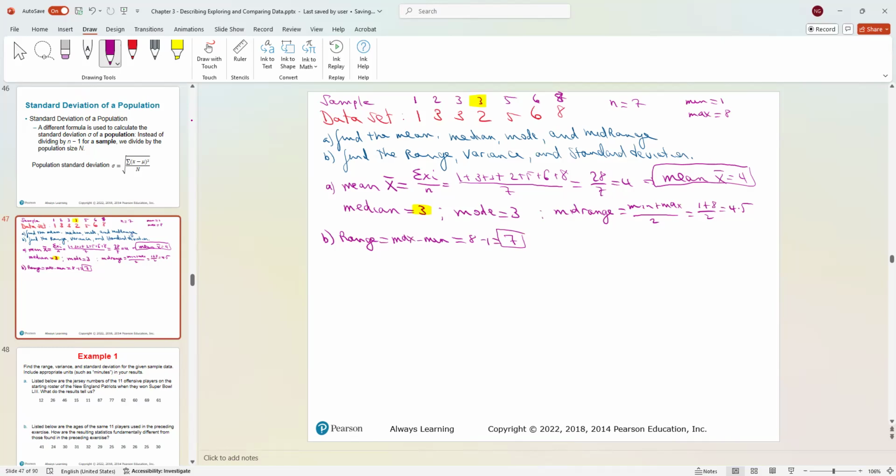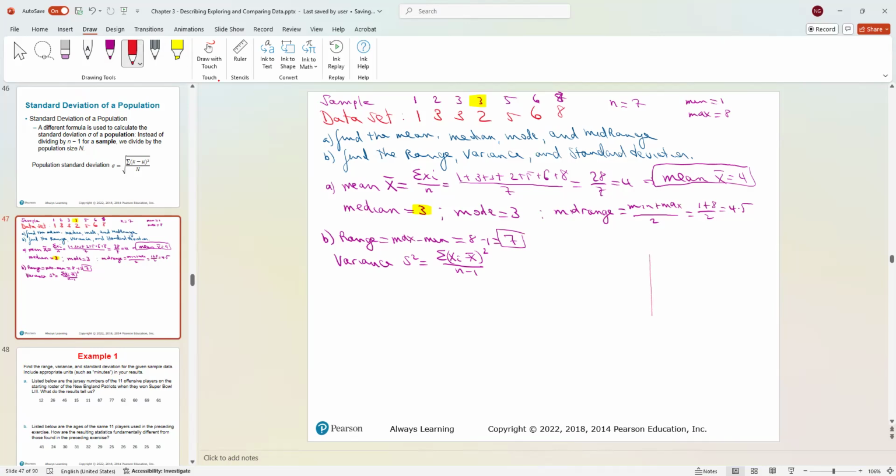In terms of variance, because it's a sample, we're gonna call it S square. We know S square is the sum of xi minus x bar squared over n minus 1. Our problem is we don't know this yet. So we will use this data set to construct a small table.